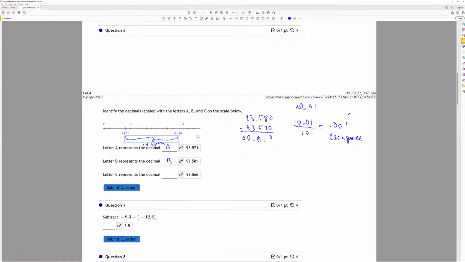Since it's thousandths here, I'm going to count it down. And I count down one, that will become 93.569, 93.568, 93.567, 93.566. So C is 93.566.